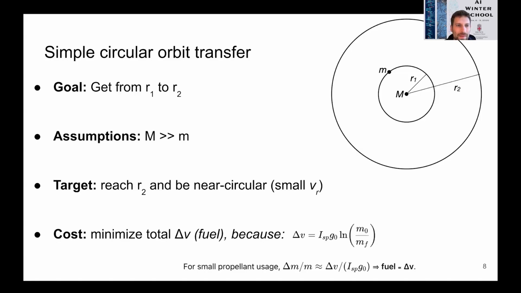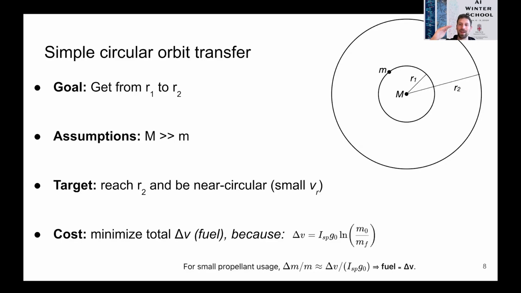So the problem at hand is in a 2D plane, we have two masses. One is the central, big M, which is dominant, and then an orbiting small mass. And the small mass is at radius r1, and we want to get to radius r2. So we want to change the radius of that orbit.